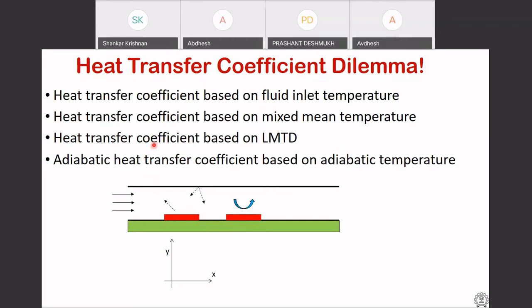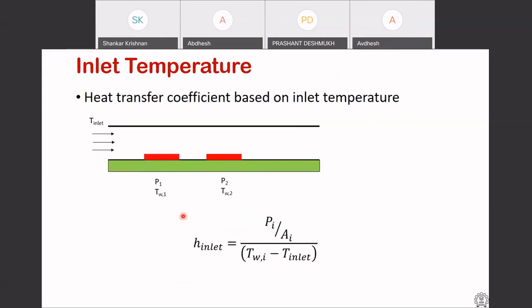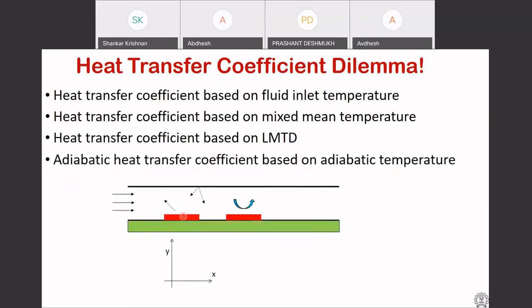As you all know, there are multiple options by which we can define the heat transfer coefficient. One is the surface temperature, that is clear. We say heat transfer coefficient as flux divided by delta T. That is our typical definition. Heat flux dissipated by this heat source divided by the surface average temperature of the surface minus some reference temperature. Our question is, what should be the reference temperature? Should it be the inlet temperature?